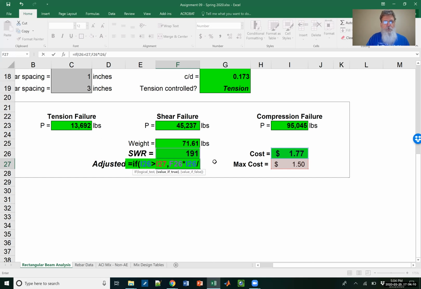I got that backwards, sorry. So I'm going to multiply it times 150 divided by cost. That should make it smaller. If I don't have a penalty, then I just keep my strength to weight ratio.